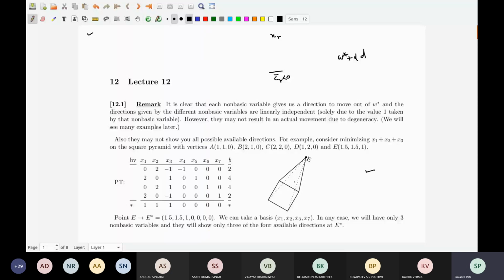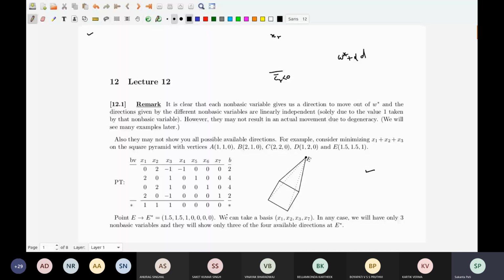Those will give you 4 inequalities, so when you write the SLPP, you will add 4 more variables. Ultimately it will become an SLPP in 7 variables.